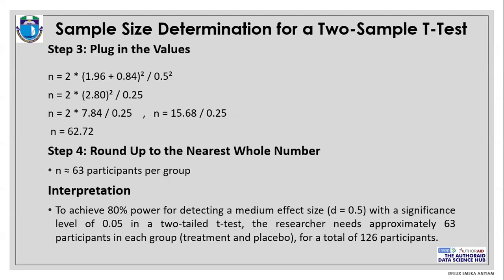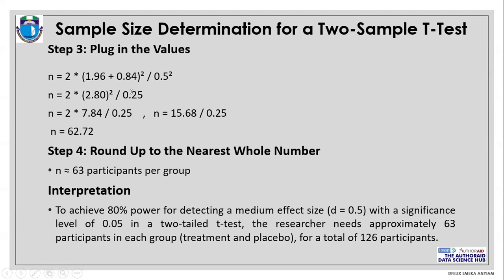So you add those things into the formula: 2 times the 1.96, which is a constant, plus 0.84, which is a constant representing the power, then 0.5 squared, which is also a constant, which talks about the Cohen effect size we are tolerating. By the time you add all these things together, you're going to have 62.72, approximately 63 participants.